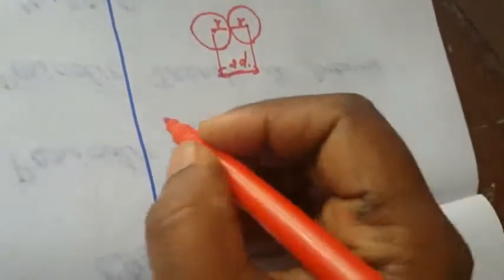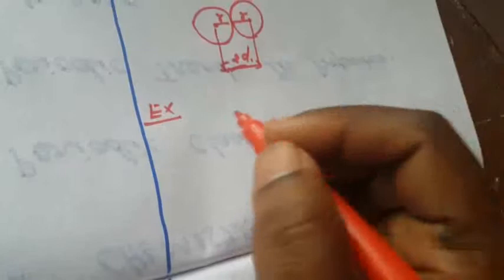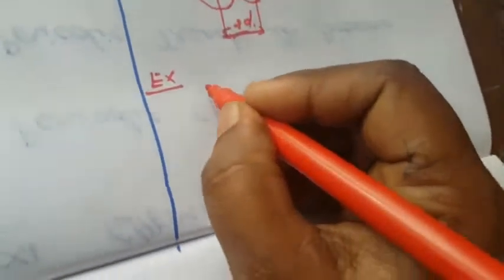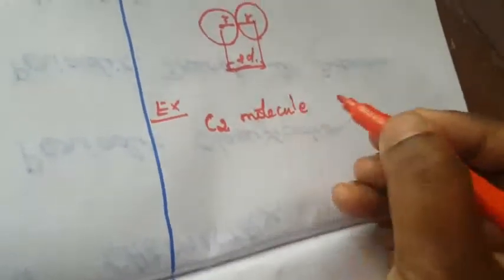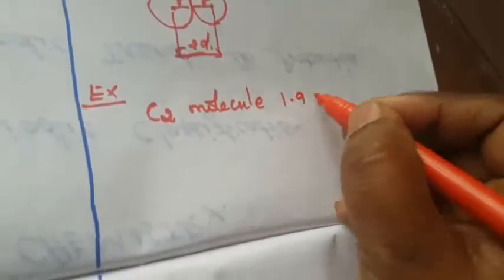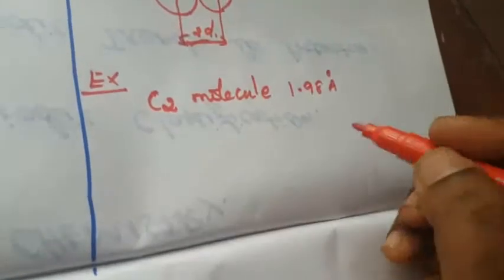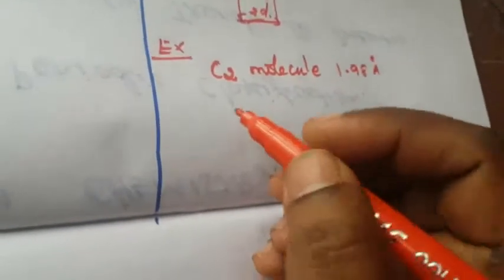So how to calculate the covalent radius? Here is one example. The internuclear distance of the chlorine molecule is given as 1.98 Angstrom. The covalent radius of chlorine is to be calculated.